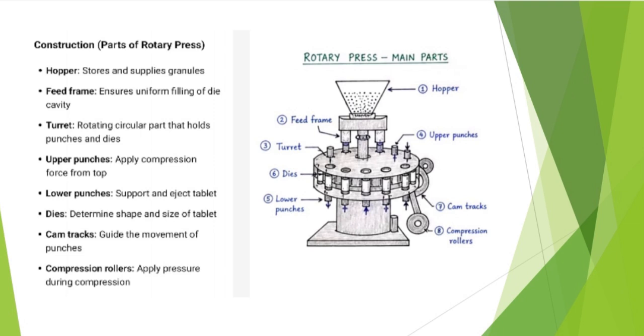First of all, the hopper. The hopper is used to hold the granules and supply them to the die.